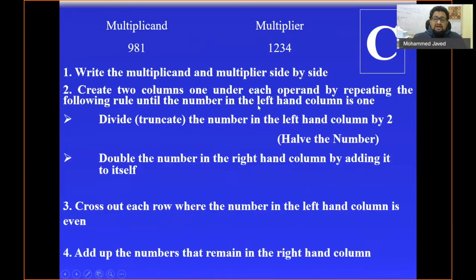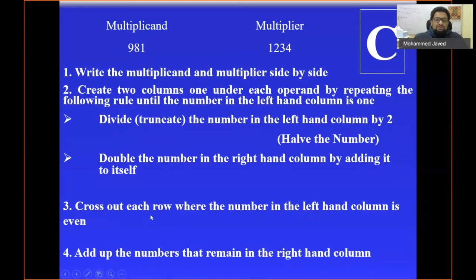Divide, that is truncate, the number in the left hand column by 2, so simply you halve the number, and then double the number in the right hand column by adding it to itself. Here I am dividing by 2, and there I am multiplying by 2.